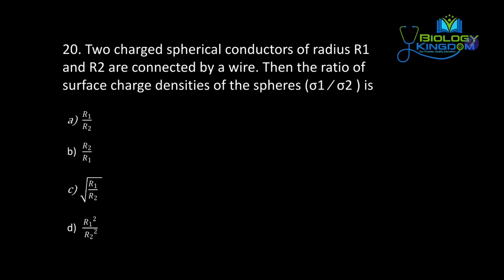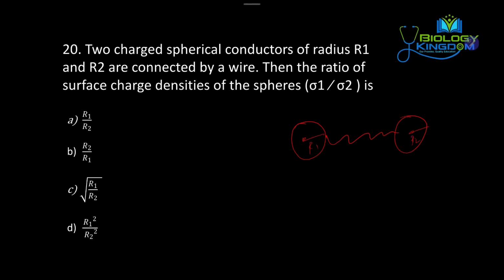Now if we move further: two charged spherical conductors of radius R1 and R2 are connected by a wire, and we need the ratio of the surface charge density of the spheres. Let's suppose there are two spherical conductors connected by a wire.